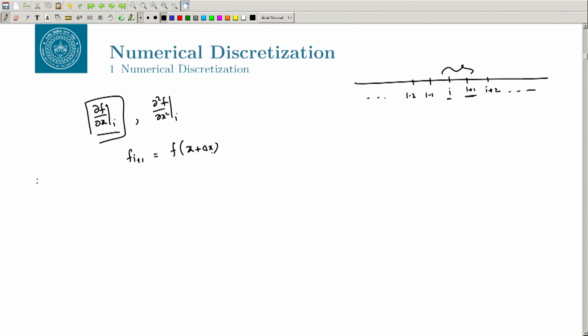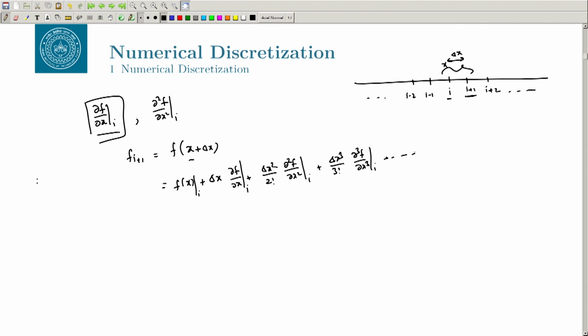If this is my x, and this is my delta x, you can write it like that, and if you use the Taylor series around x, that will become f x plus delta x del f by del x plus delta x square by factorial 2 del 2 f by del x square, of course, everything at I, plus delta x cube by factorial 3 del 3 f by del x cube at I, and so on and so forth.